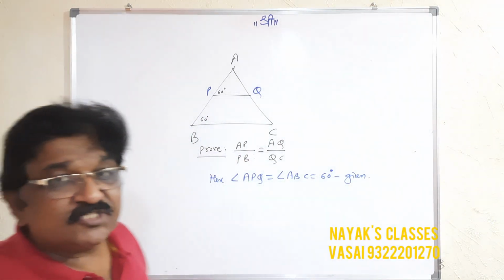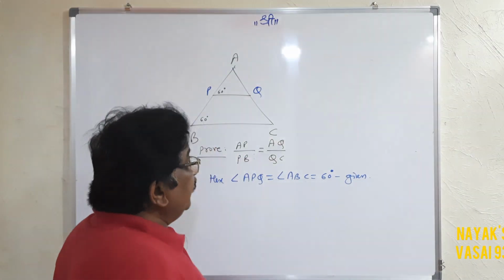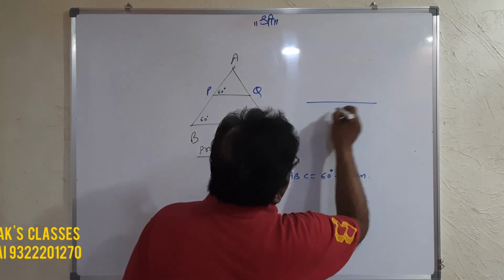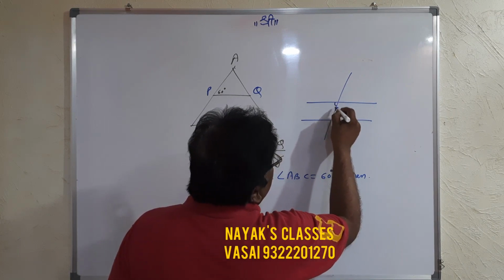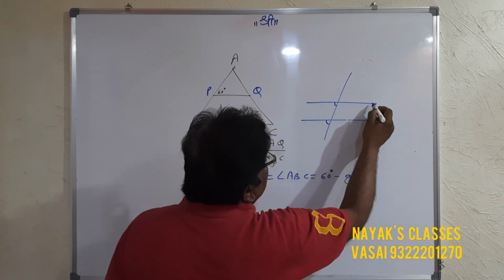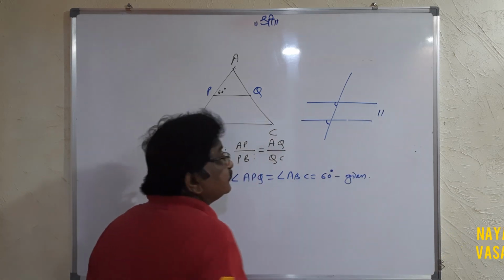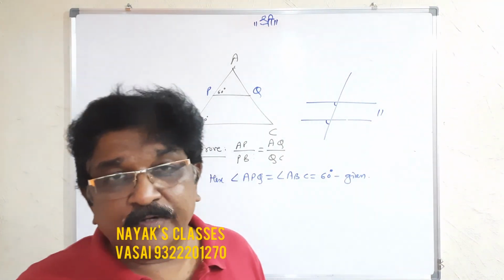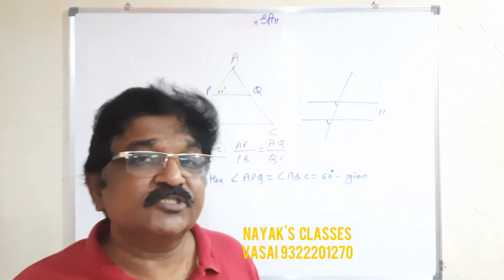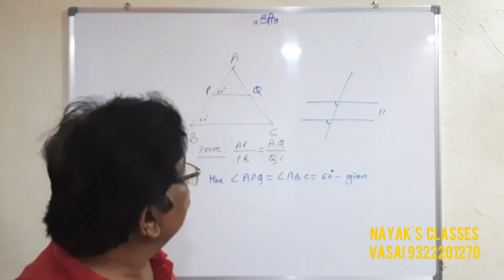So what can you say? When corresponding angles are congruent, the lines are parallel. You have studied this in 9th standard.